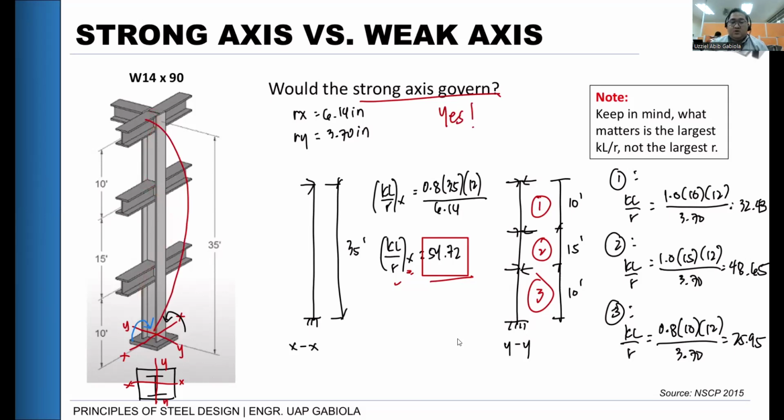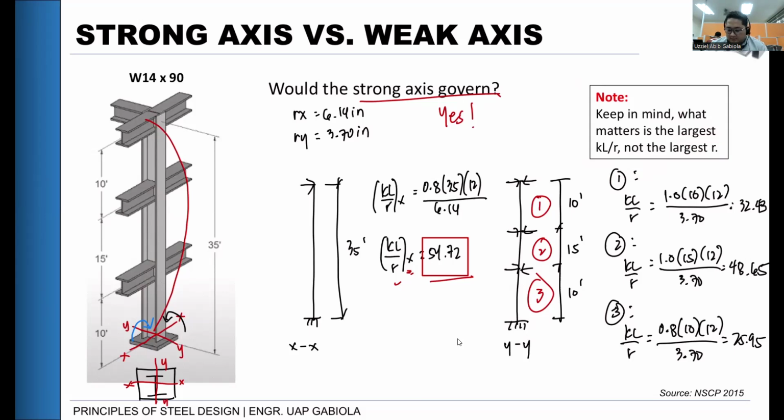So yun yung importance ng KL over R. Please take note: keep in mind na ang mas mahalaga sa atin is yung largest KL over R, hindi yung may largest value ng R. Largest KL over R ang concern natin kasi it will yield smaller value ng stress, and kapag small value ang stress natin, we will have a more conservative design.